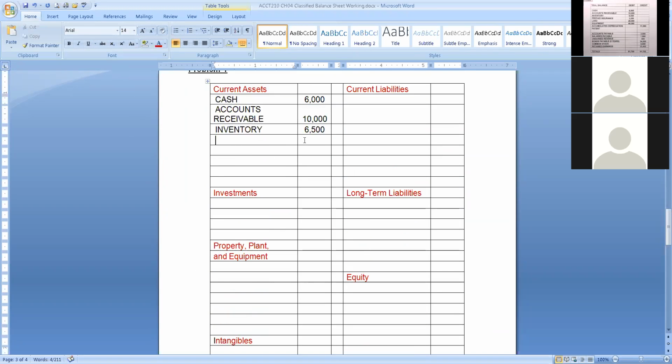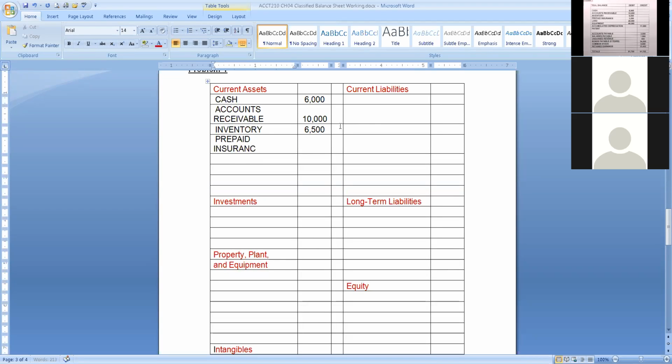Land, we're going to hold off on that for a second. Prepaid insurance, 1,200.